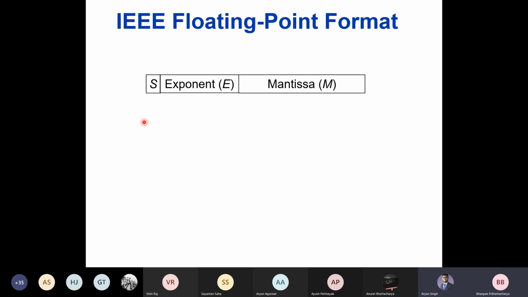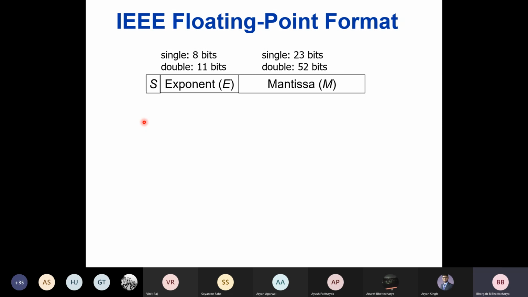Yes, 1, 8, and 23, correct. 1 for the sign bit, because you need 0 and 1, that's it. The exponent is 8 bits and the mantissa is 23 bits.